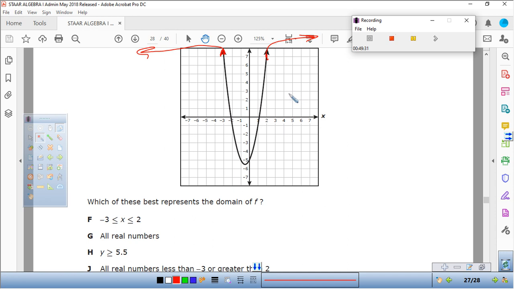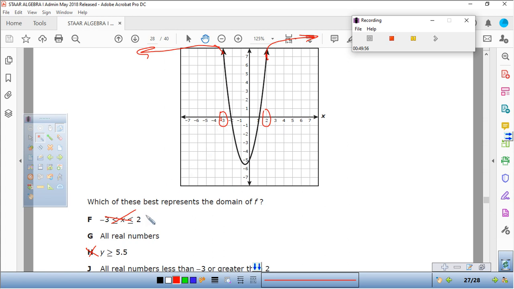Now, X's, I'm more than sure they're going to have this number here and this number here. That's a distractor. But you see the arrow means it goes on forever. So this one's a sneaky, cheesy, wrong one. People will bite on that one just because those numbers are there.